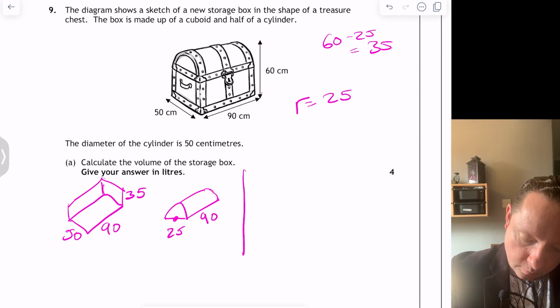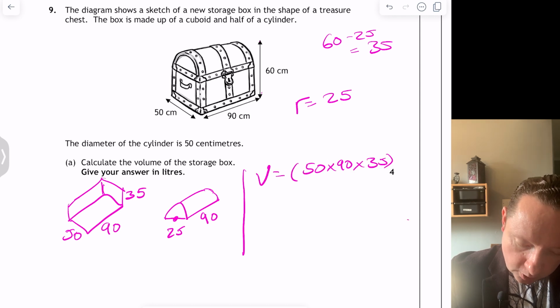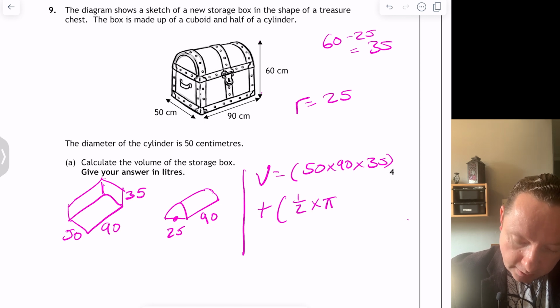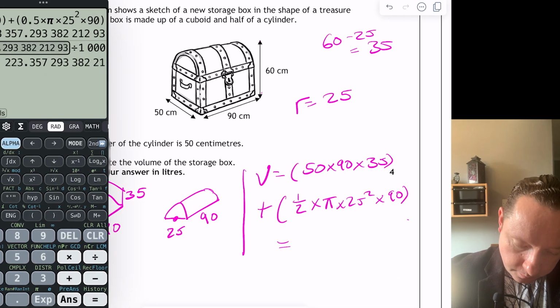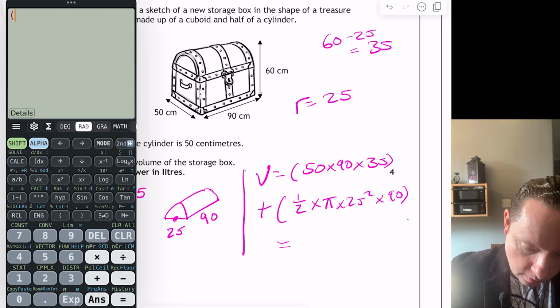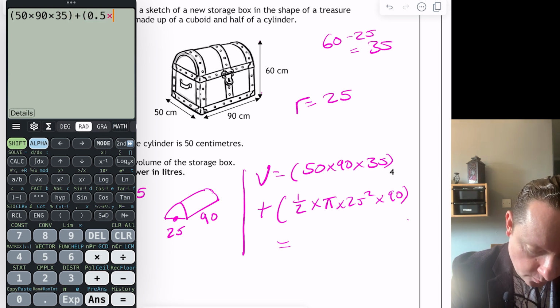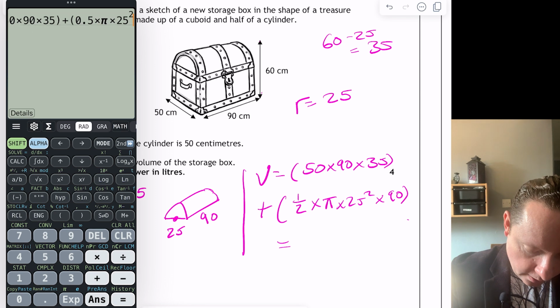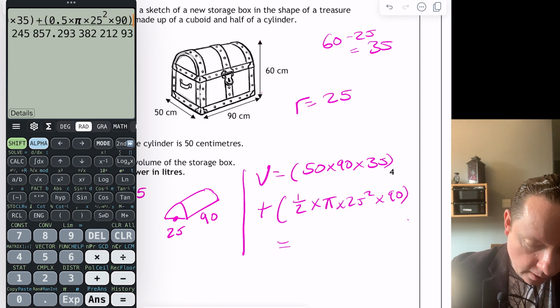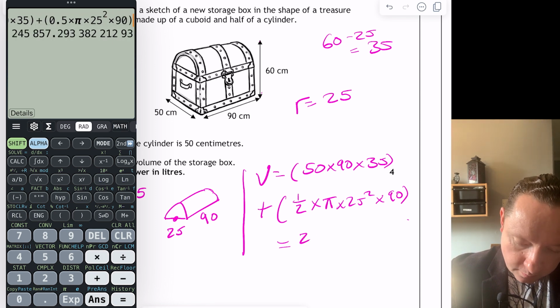So our volume is just 50 times 90 times 35 for this, plus my half a cylinder, well that's a half times pi r squared, pi times 25 squared times 90. So with efficient use of a calculator, 50 times 90 times 35 plus 0.5 times pi times 25 squared times 90 is 245857.293 centimetres cubed.